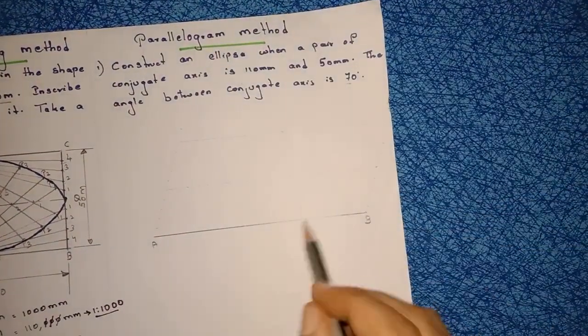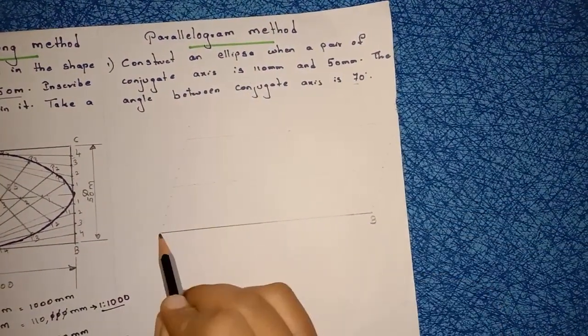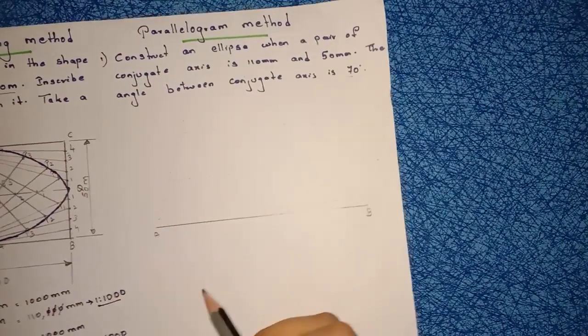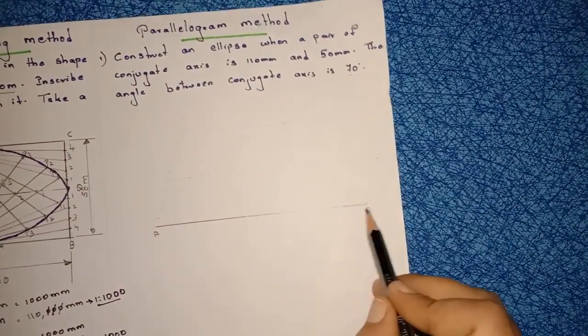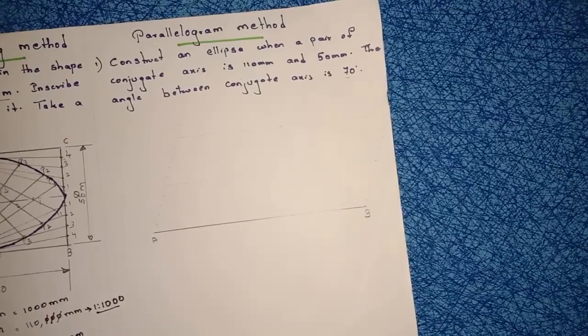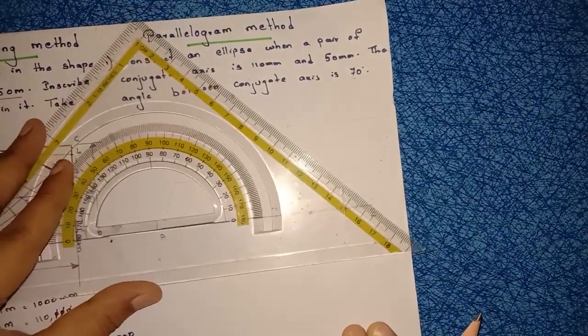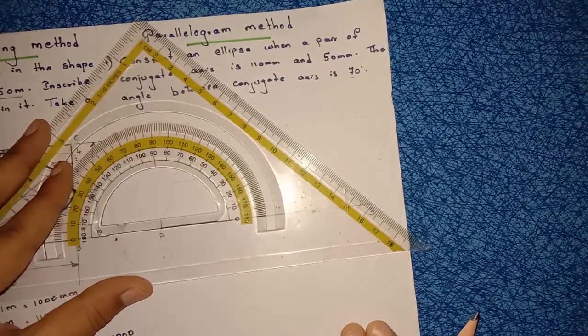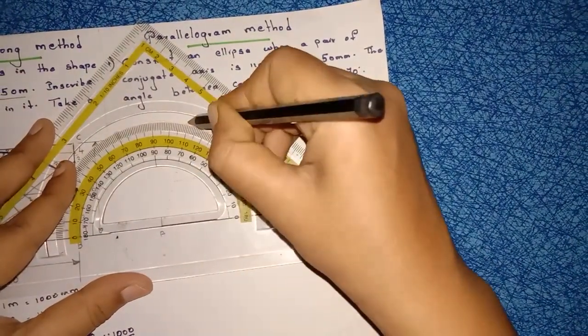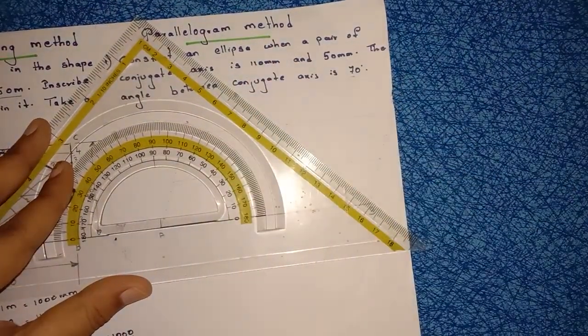So keep your protractor on this line. From this point mark 70 degrees. Again keep your protractor on this line. From this point, right, mark 70 degrees. So let us see here. Keep your protractor here. From point A mark 70 degrees, right?